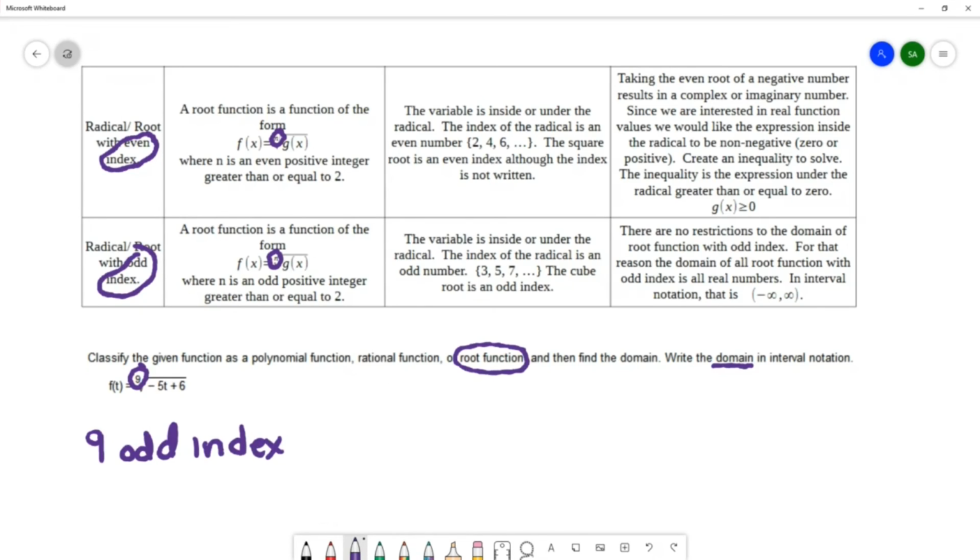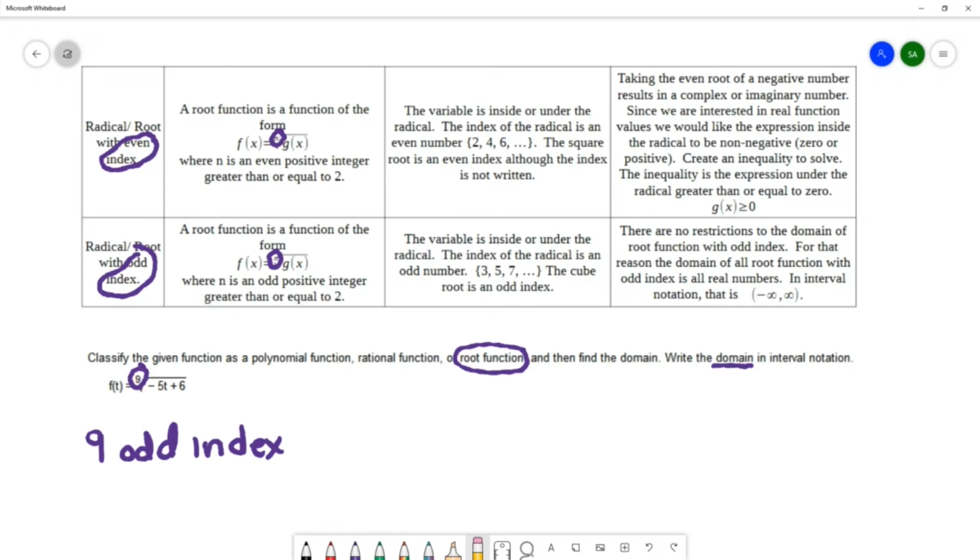So let's follow the details for this. For odd index, there are no restrictions on the domain of a root function with an odd index. So for that reason, the domain of all root functions with odd index will be all real numbers.